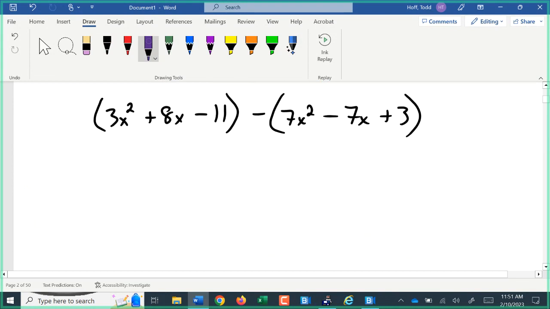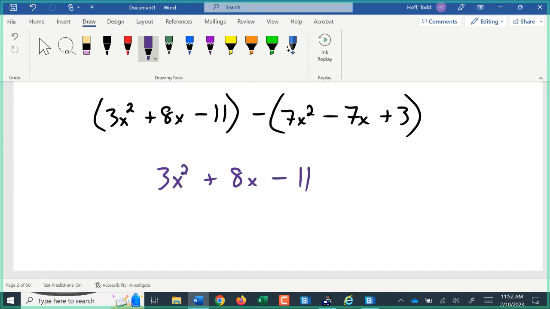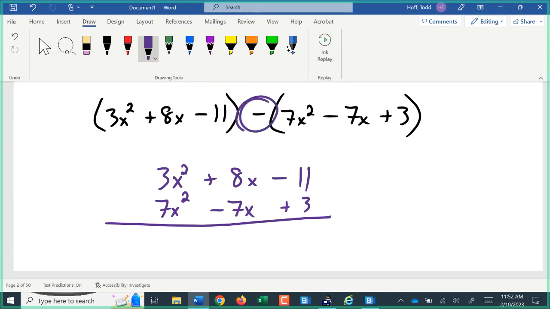So I'm going to rewrite this, making sure I line everything up again. 3x squared plus 8x minus 11. Then we put the 7x squared under the 3x squared, the negative 7x under the 8x, and the positive 3 ones under the negative 11 ones. And we are subtracting now between these two numbers. So we have to remember now each column is subtraction.